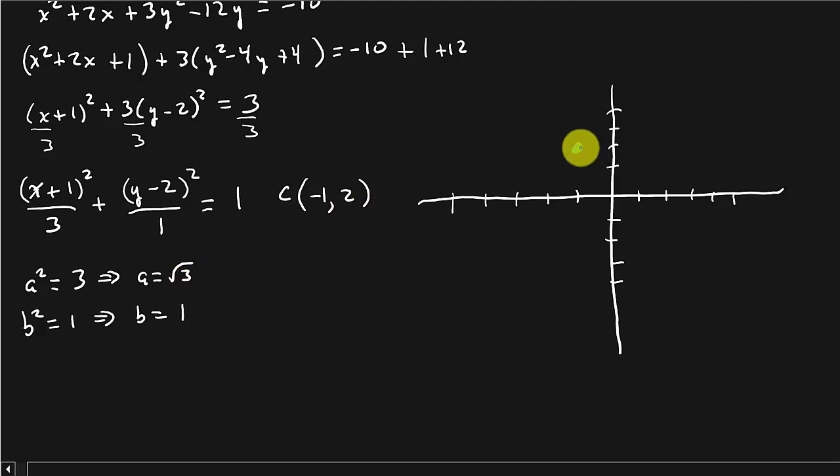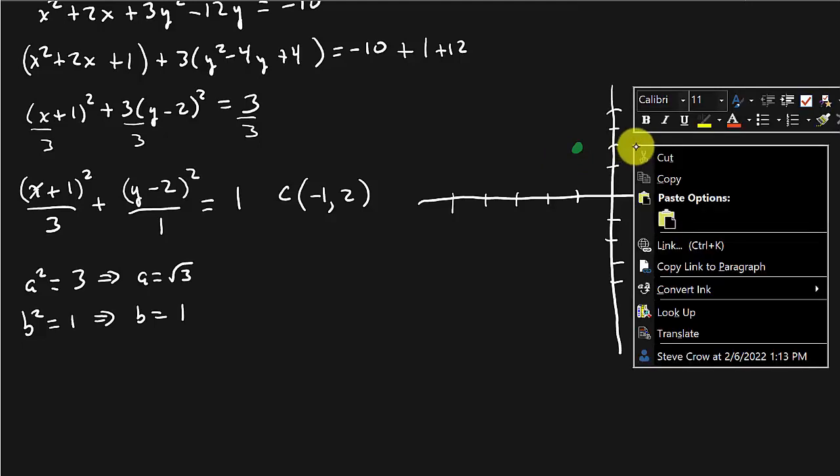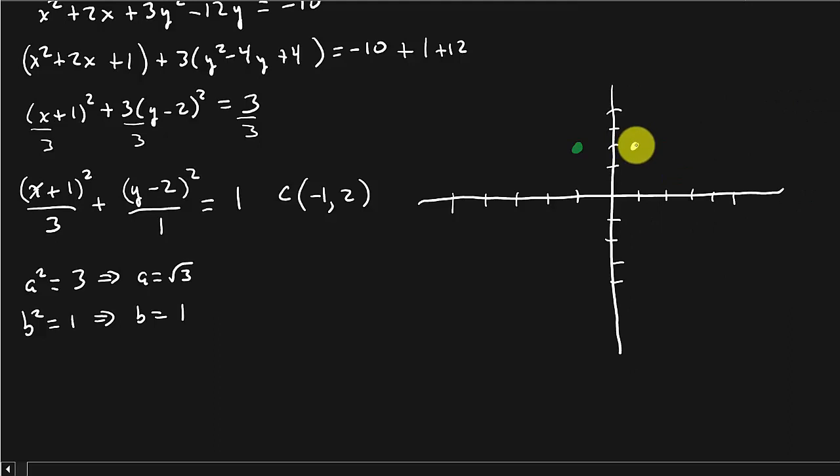So I've got to do negative 1 plus the square root of 3 and negative 1 minus the square root of 3. So if I do negative 1 plus the square root of 3, that gives me 0.732. So it's not quite 1. So that's going to be about right in here. And then if I do negative 1 minus the square root of 3, that's negative 2.7.